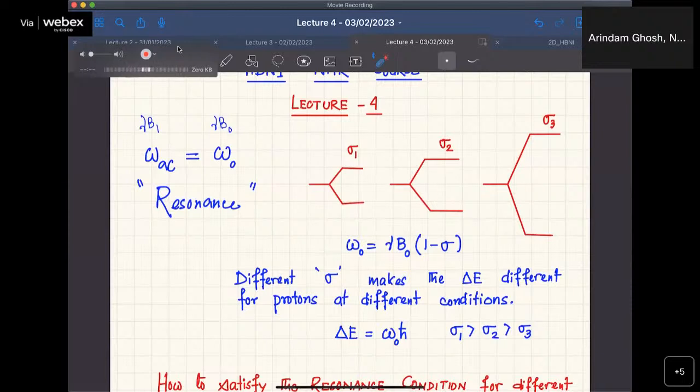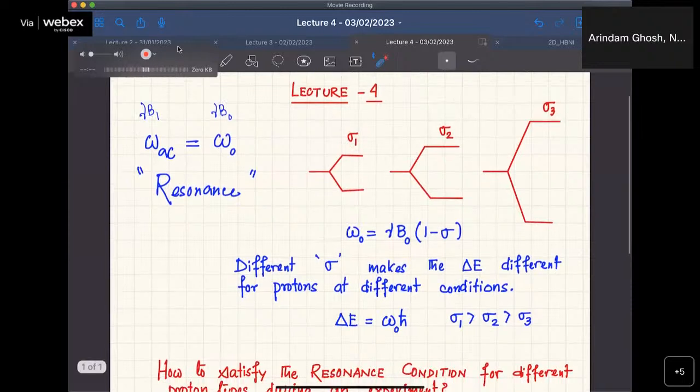Suppose there are three different protons in the same molecule having three different chemical shifts or shielding effects, correct, and then we can clearly see that as we have a larger sigma, this whole 1 minus sigma becomes smaller. As the sigma goes up, this 1 minus sigma is smaller, and hence omega 0 is also smaller. So therefore, I can see this is the smallest amount of energy difference, and hence sigma 1 is the largest. So this is basically the ordering.